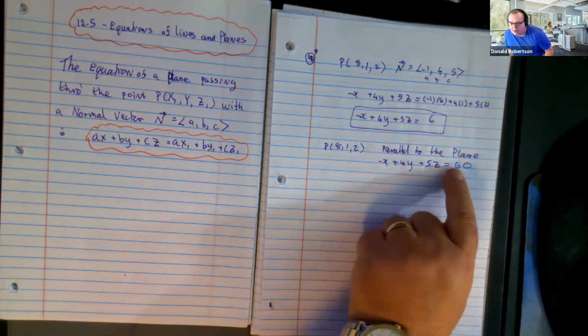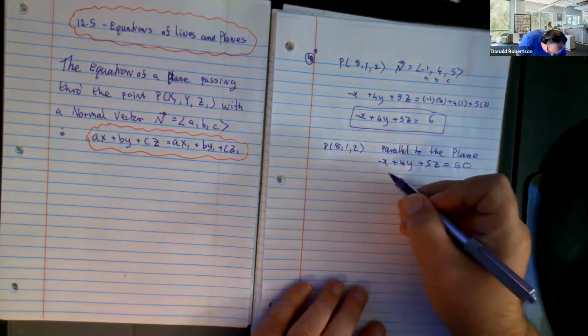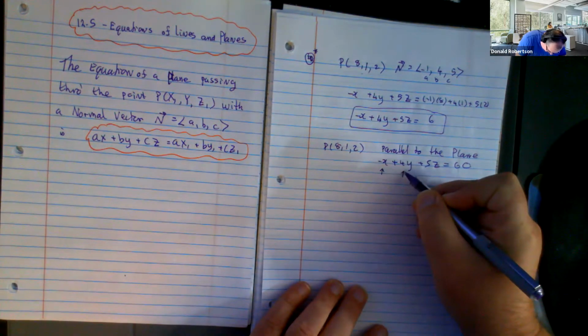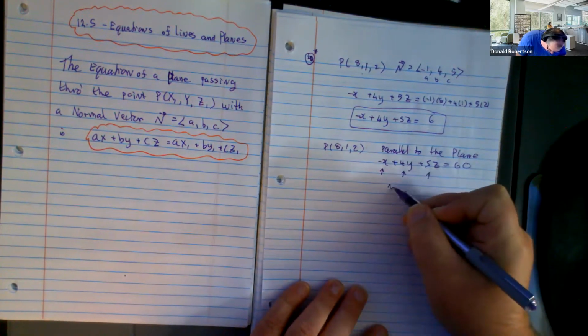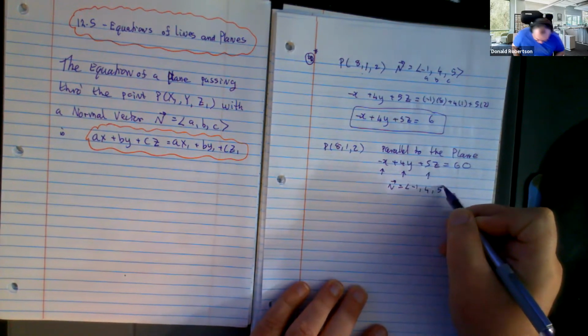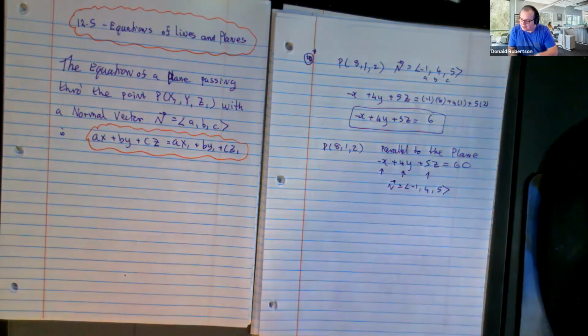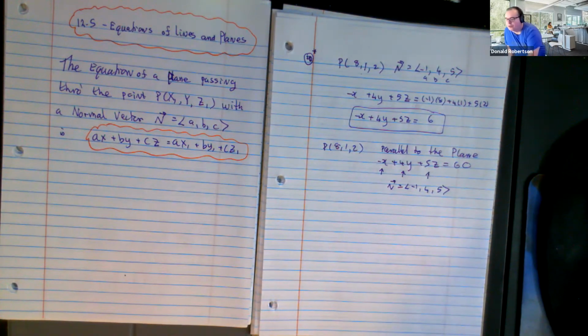Now, if you have two planes that are parallel, these numbers here are the normal vector. Agreed? And so haven't you just disguised the value for the normal vector? So if two planes are parallel, shouldn't their normal vectors at least be equal or multiples of each other?